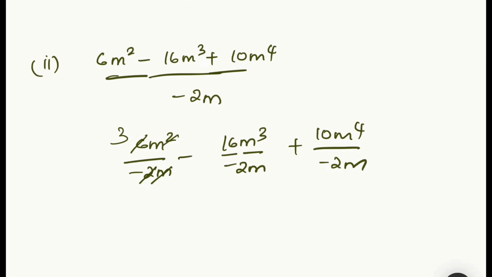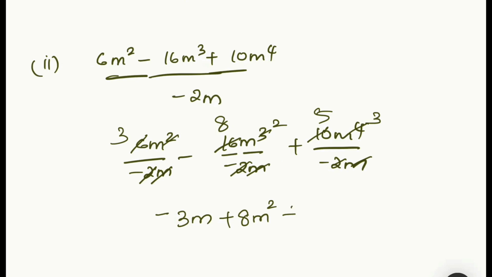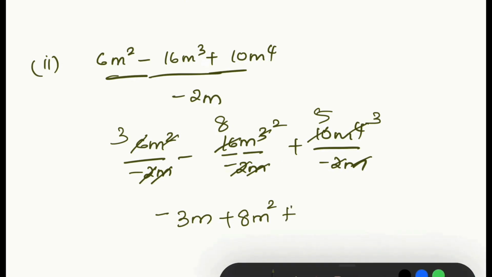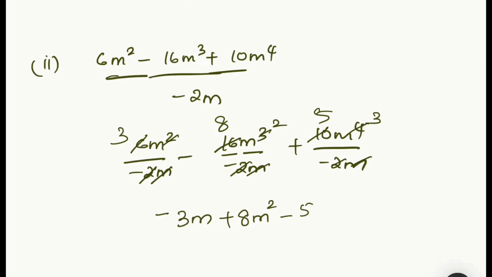So first one, m square, m goes, so 1 m it will become minus 3m, minus into minus plus 8m square, plus into minus is minus, minus 5m cube will be the answer here.